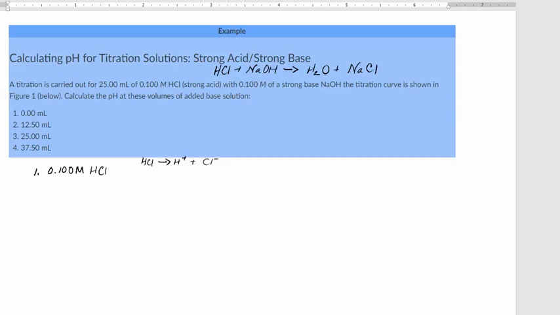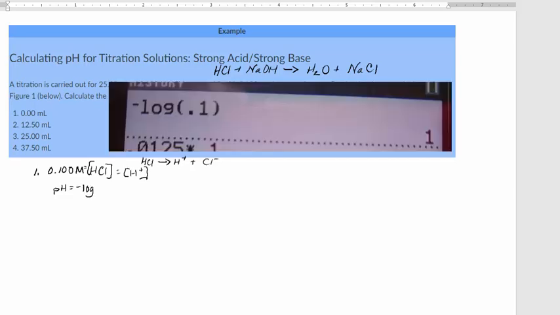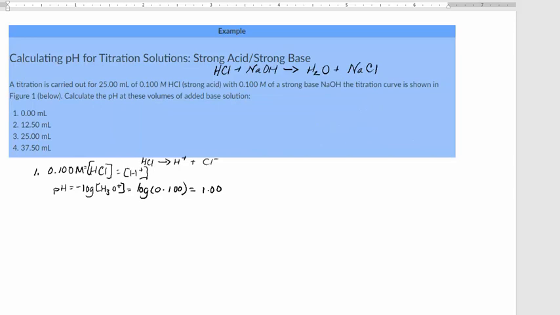So the concentration of the hydrochloric acid is going to be the concentration of the hydrogen or the hydronium ion. pH is the negative log of this ion. So we can calculate the pH by taking the negative log of 0.100 and getting a value of 1.00. That's the pH before any base has been added.